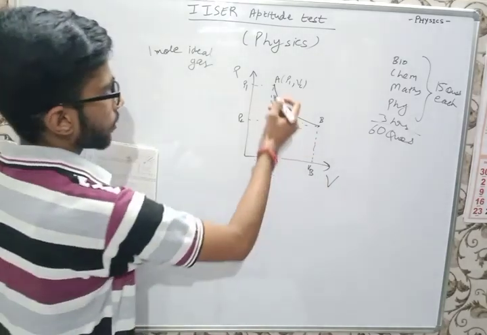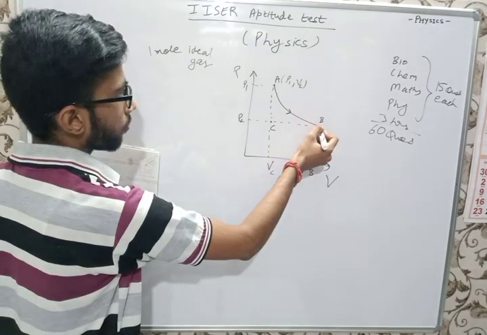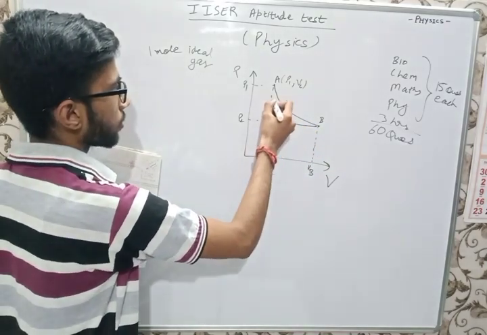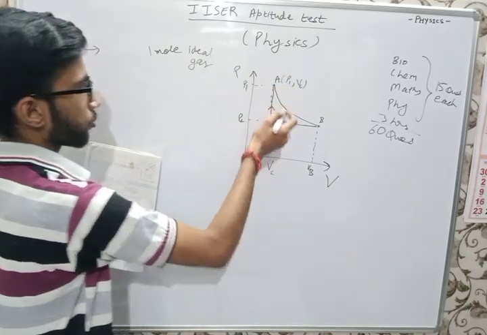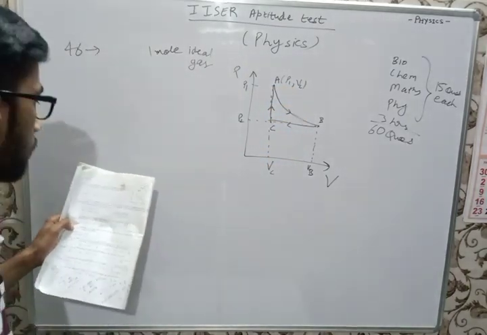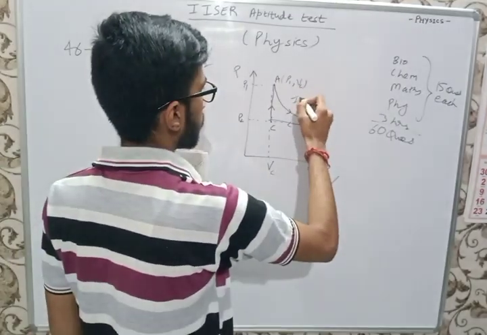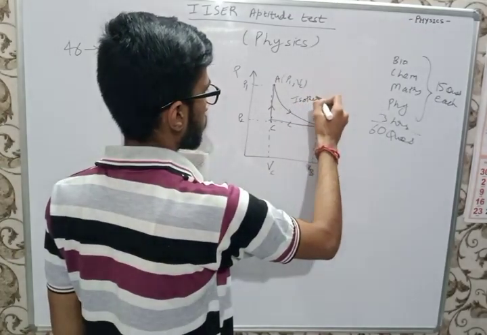The path is A to B, B to C, and then C to A, as shown in the figure. This path A to B is an isotherm.